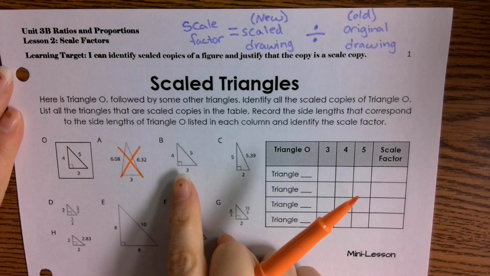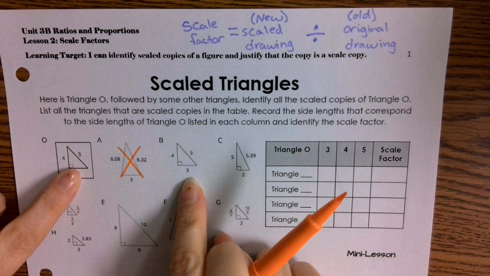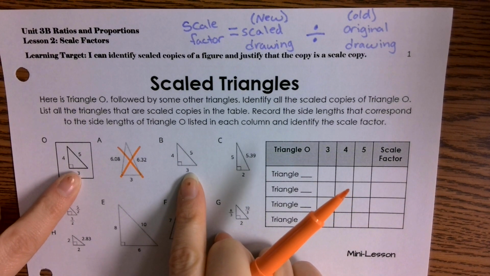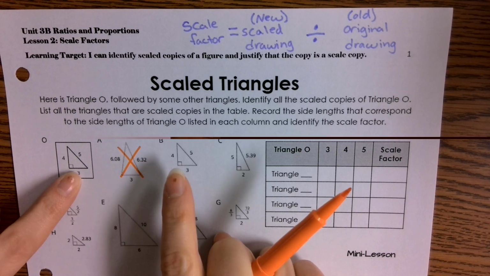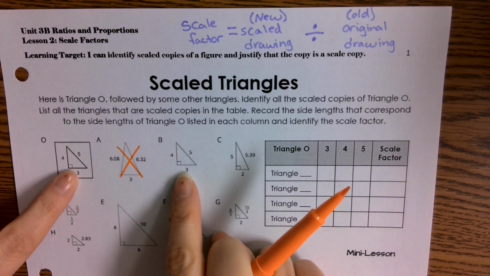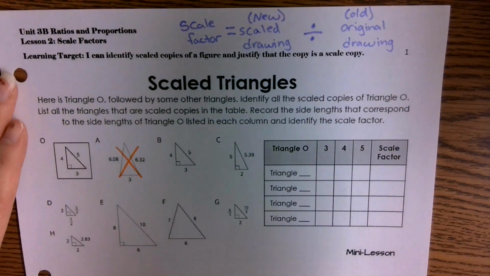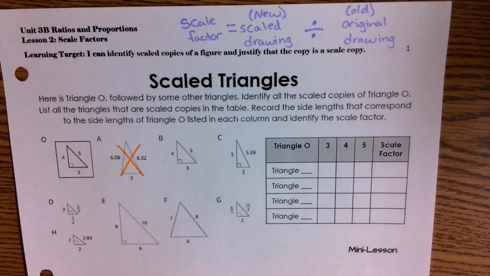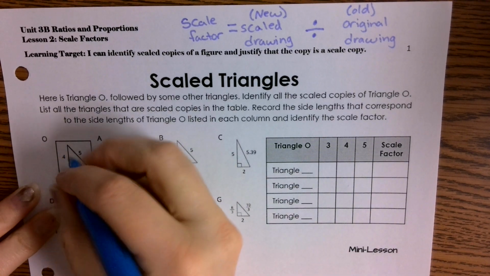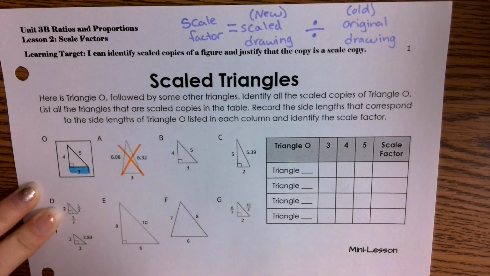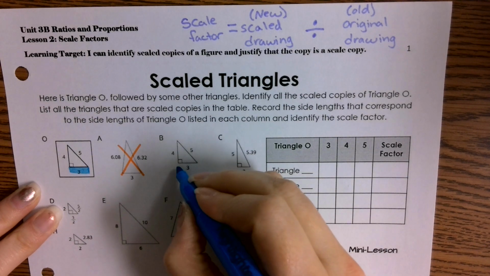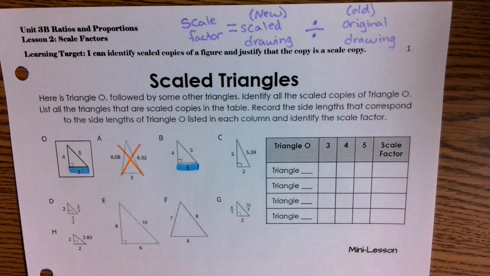Now for problem B, is this a scaled copy? Yes, it is. Now the sides that are going to match up. So remember, I'm going to go ahead and use my colors. I've got this measurement. I'm going to highlight in blue, and it's going to match up with this side.